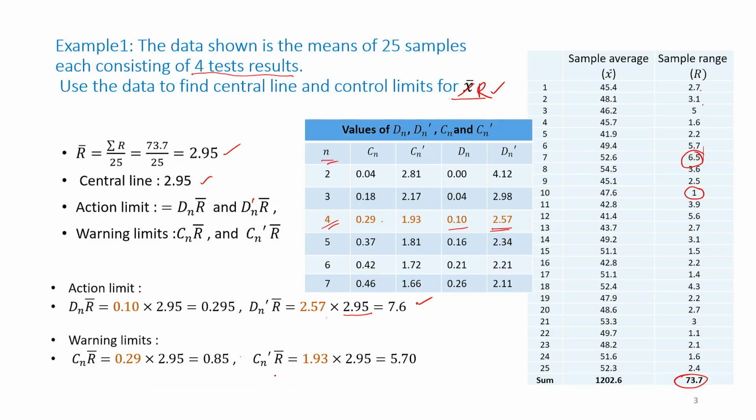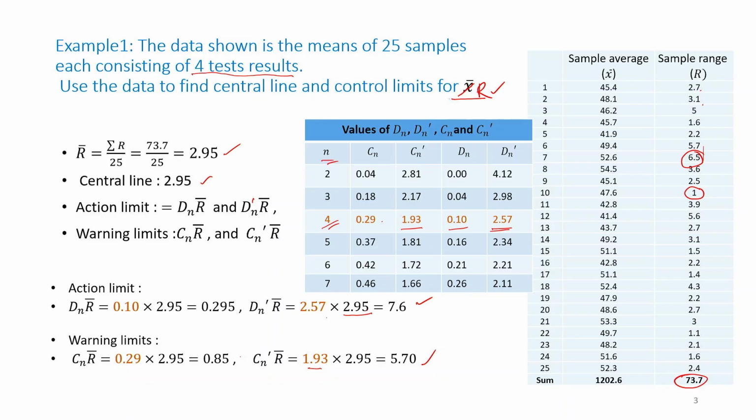Similarly, c dash n is 1.93. We write 1.93 multiplied by 2.95. So 2.95 is a constant, which is the average range, and we are multiplying that with the constants cn, c dash n, dn, d dash n, and I am getting these values. These are the action limits and the warning limits.